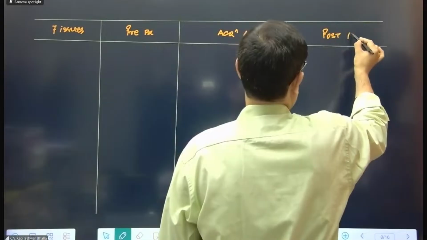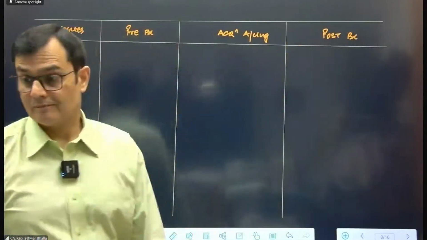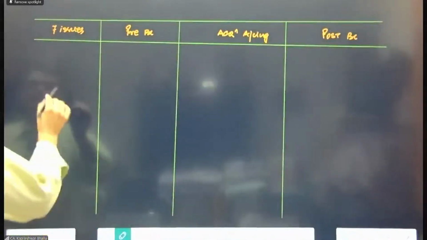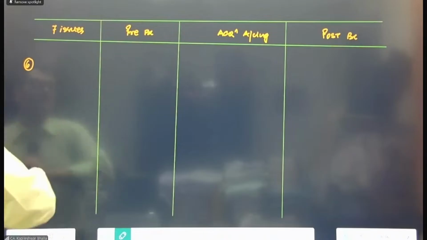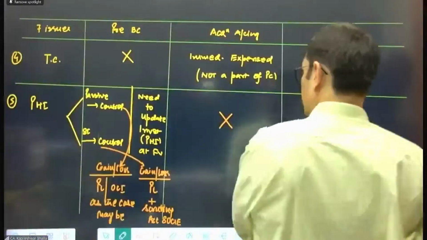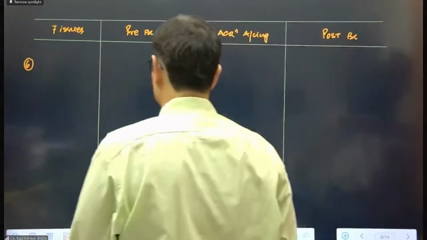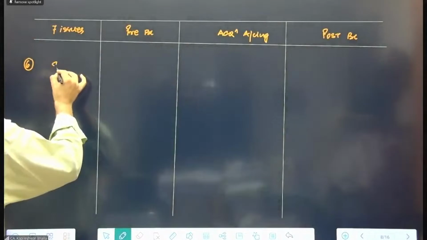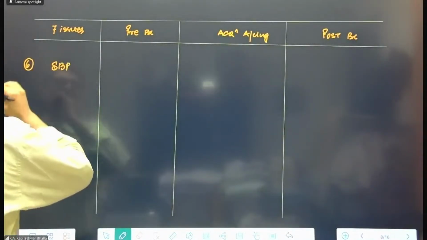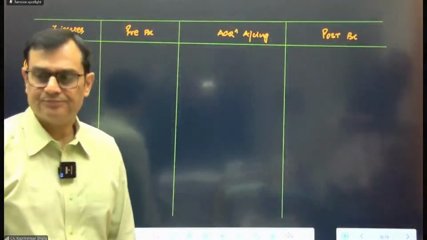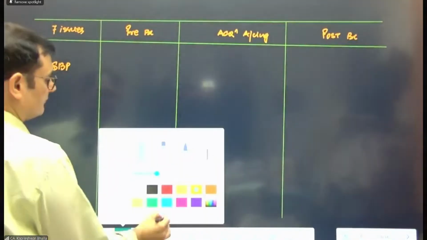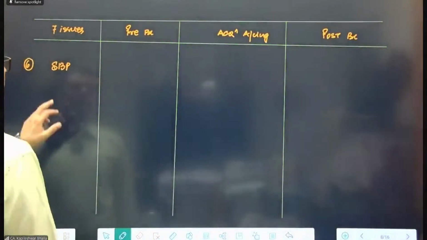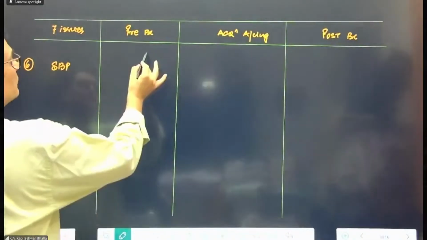I think the next issue is SBP. Yes, the 6th issue is SBP, share-based payments. Any impact on the pre-business combination? On the share-based payment, any impact on pre?